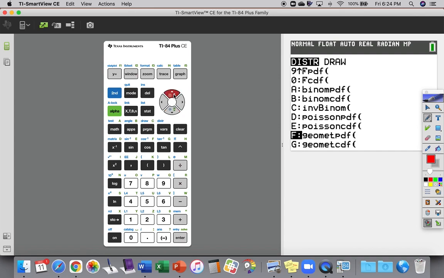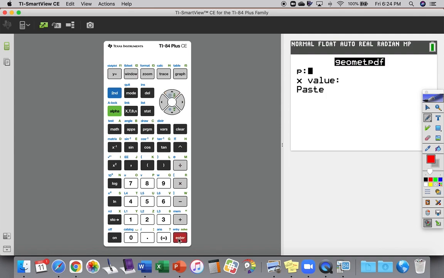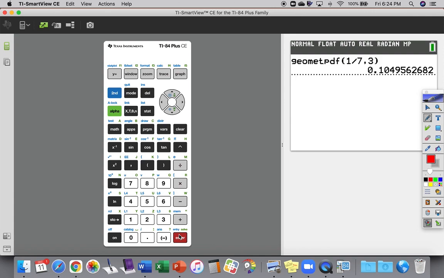They are the same as binomial PDF and CDF in that PDF is for the exact trial number of success. What do I mean by that? We had a 1/7 probability of a success in the lucky day game. If I put here 3, what does that mean? For a PDF function, it means on exactly the third student, you will get the success. 0.104.